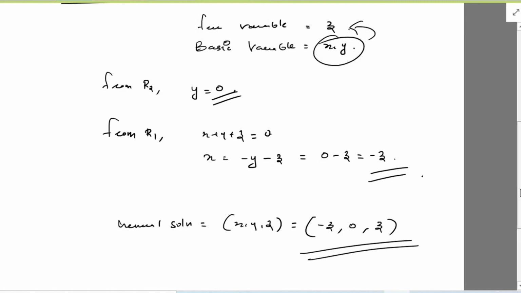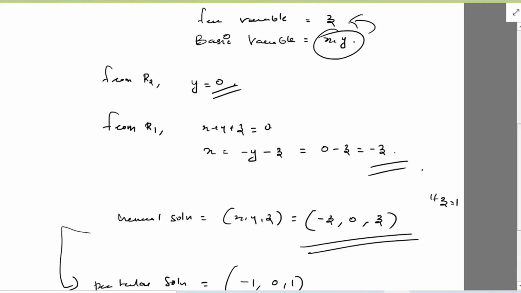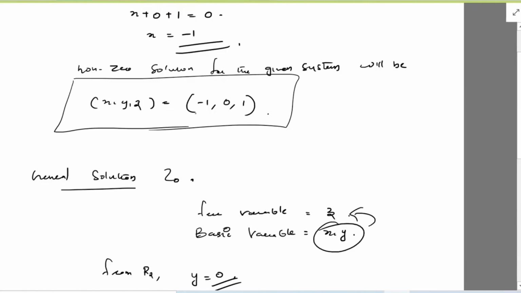If we need to find a particular solution, substitute values for z. For example, if z equal to 1, the solution will be minus 1, 0, 1. That is what we got when we substituted z equal to 1.